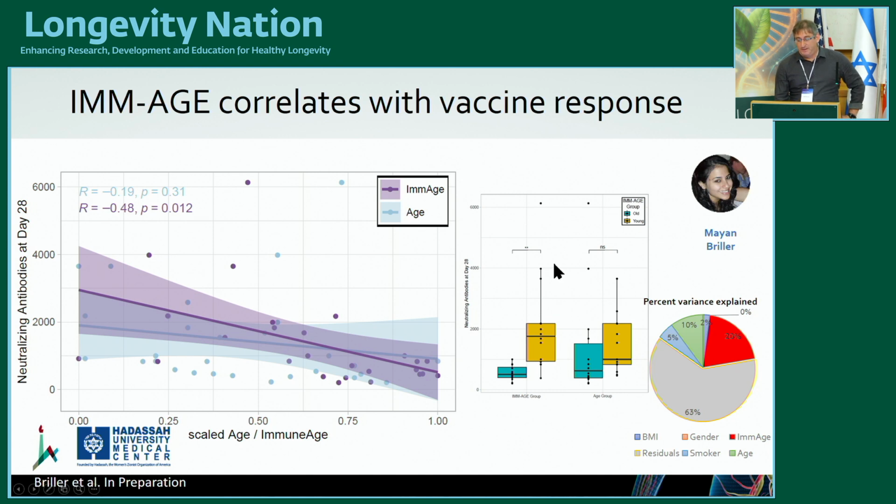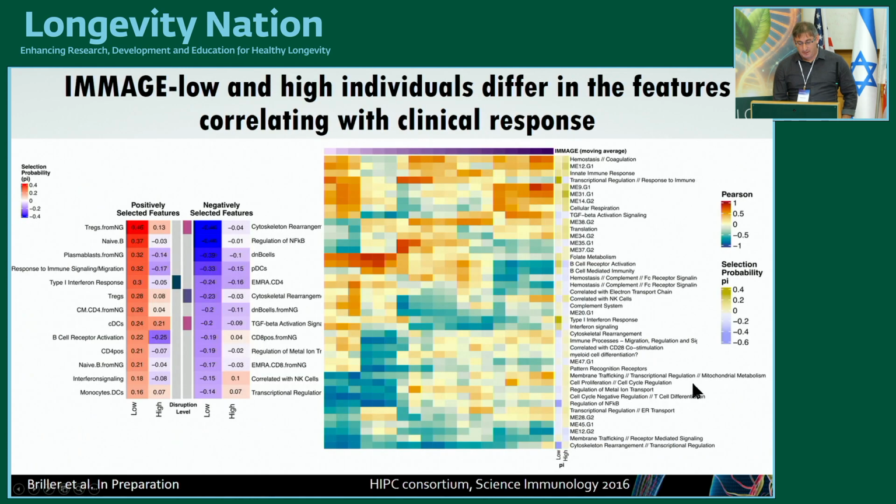In fact, if we divide the data into immune age young or old, or chronological age young or old, you see significance in immune aging not captured by chronological age. And in this particular data set, immune aging explains 20% of the variation in the data, whereas chronological age explains 10%. There's still a lot for us to do in understanding immune variation.